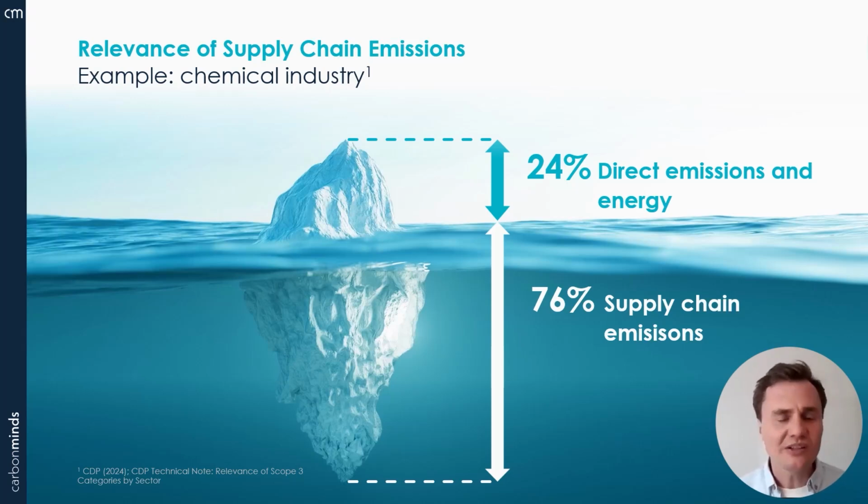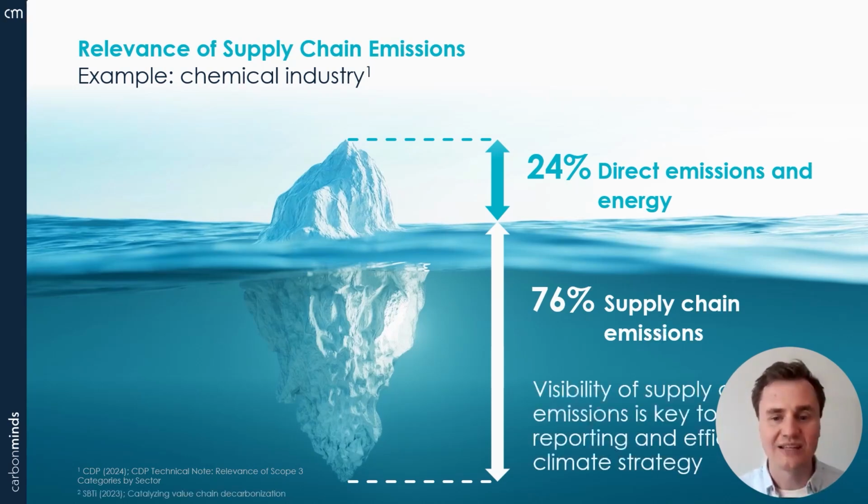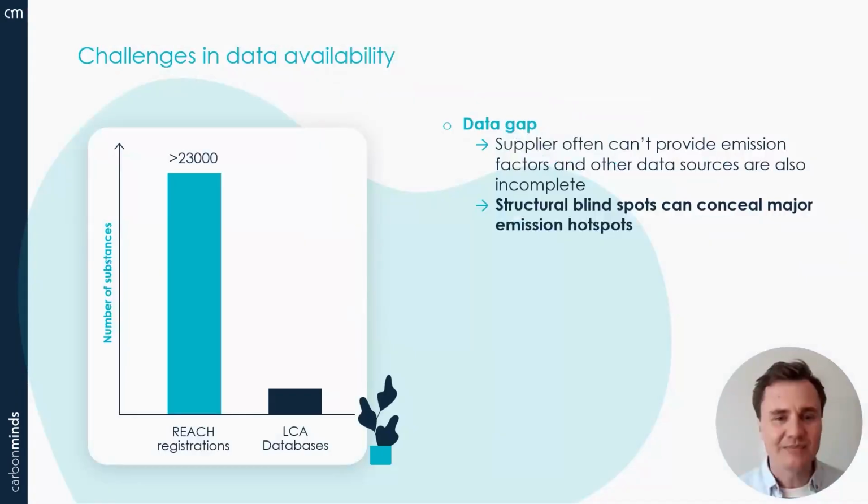And these supply chains are long, they are complex, there are many players, many different production technologies involved. So here, understanding these supply chains, getting visibility into the emissions in this area is really key to reliable reporting and efficient climate action or environmental strategy in general. But at the same time, it's challenging.